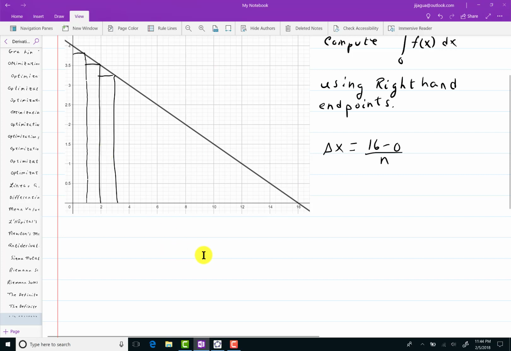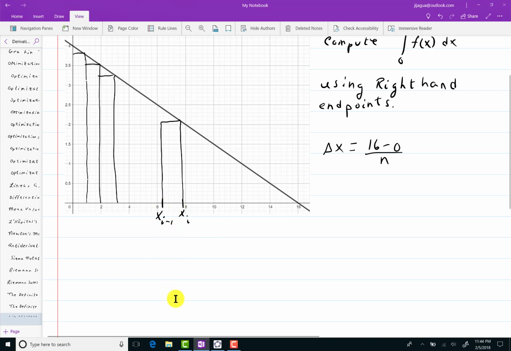I'm interested in more. Say I have something like an x sub i minus 1 and an x sub i. So I would be going to the right endpoint. Let's concern ourselves with this particular rectangle, and that'll allow me to get a formula for all of them.